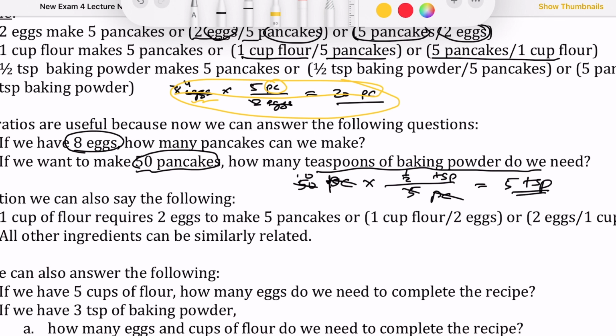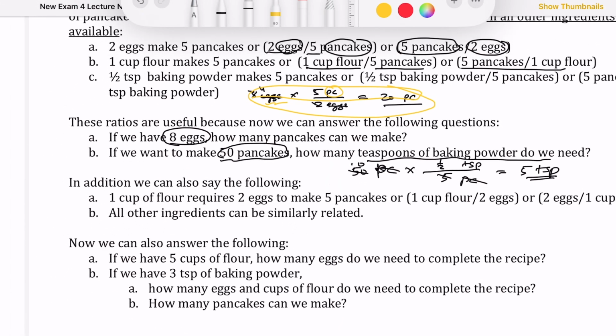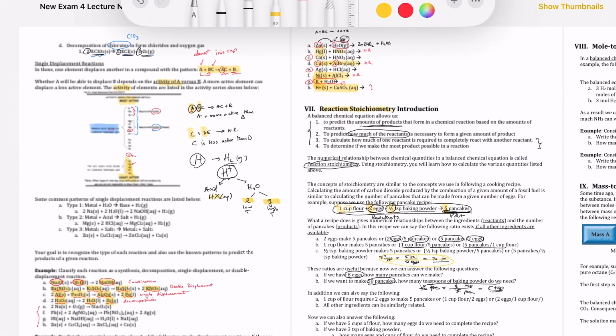So I'm going to need 5 teaspoons of baking powder to get 50 pancakes. So I need to go to my pantry and check if I have at least 5 teaspoons of baking powder available, right? And so really, that's the kind of calculation we're talking about in reaction stoichiometry. It's nothing more difficult than that, okay?